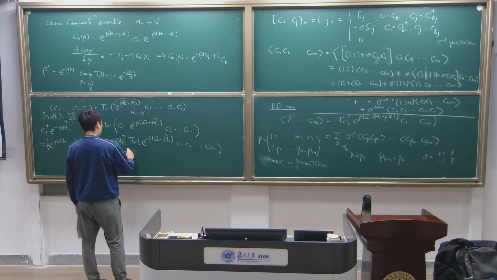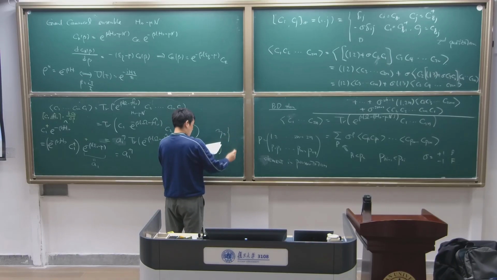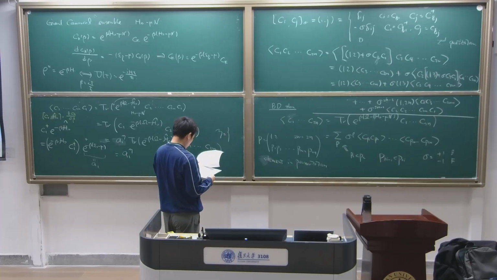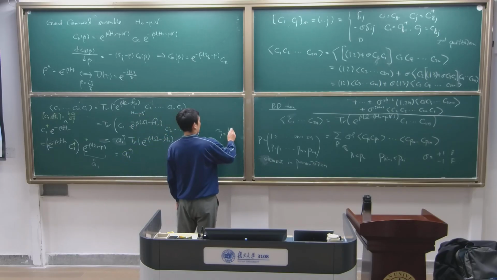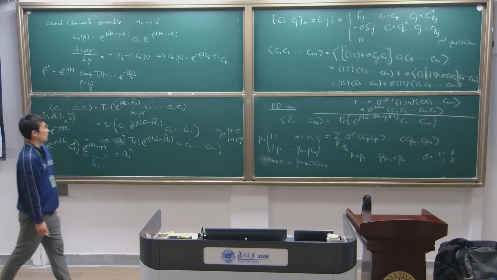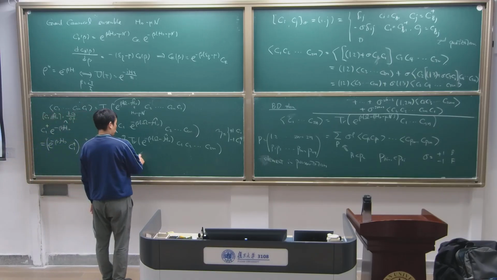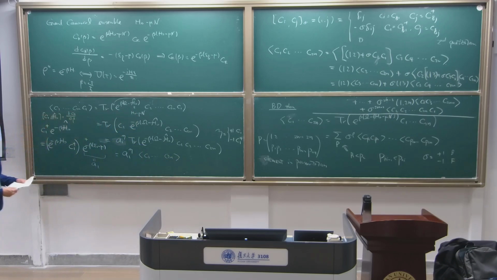And this is A dagger. I don't need A. You know it. Sorry. The A dagger is plus 1 for C1, minus 1 for C1 type. And then this one is equal to just the expression from the statement.